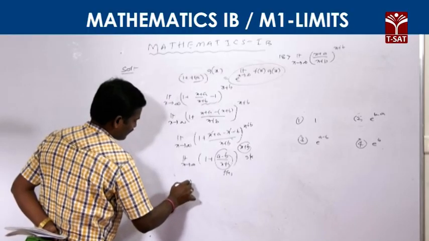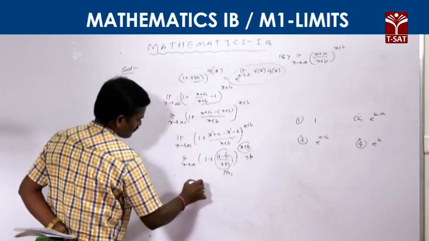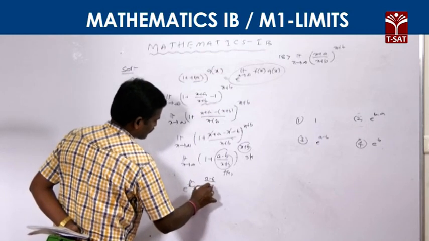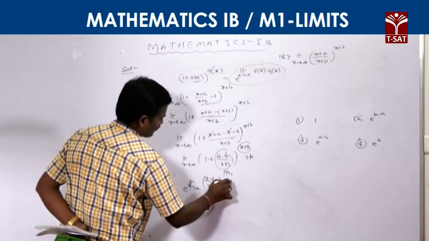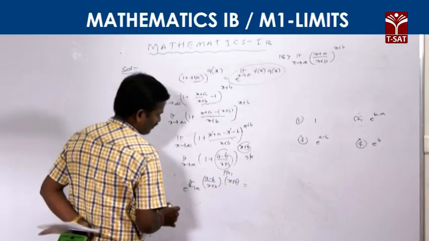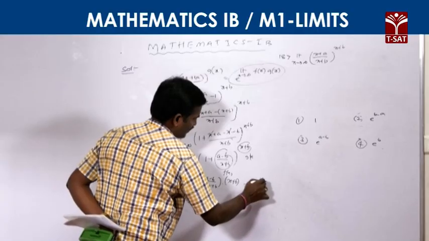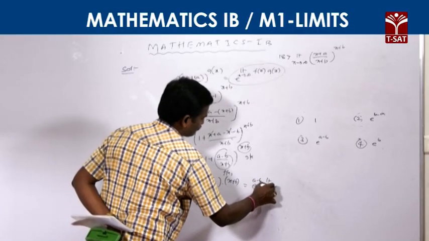So e power limit as x extends to infinity. The f of x function is a minus b by x plus b, into g of x, which is x plus b. So here x take common in the numerator. E power a minus b is constant into limit as x extends to infinity.